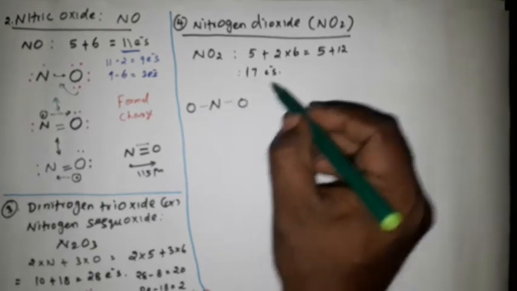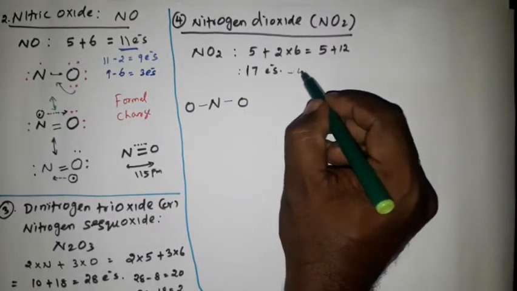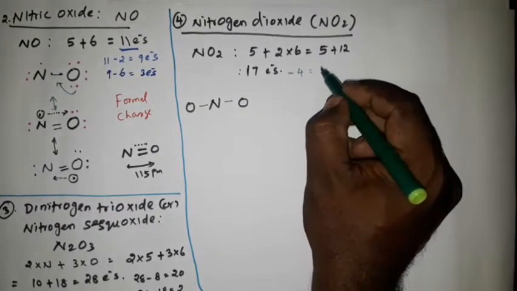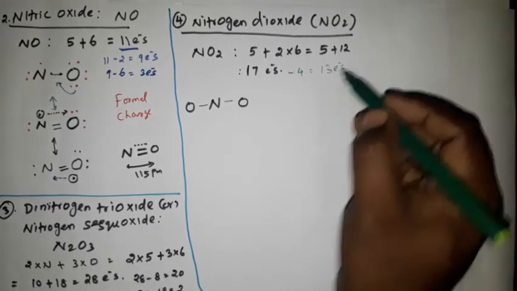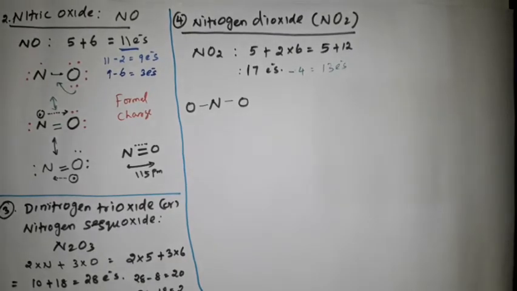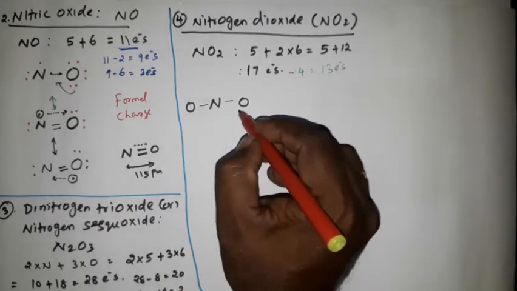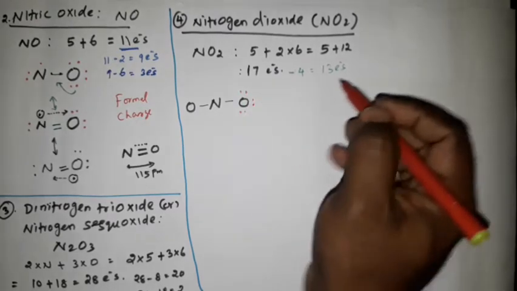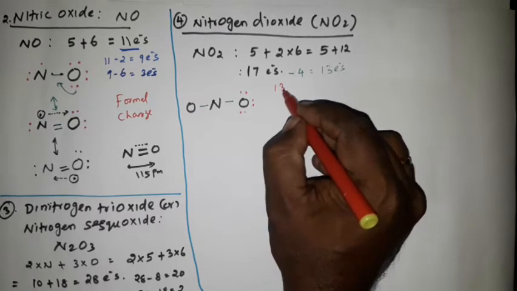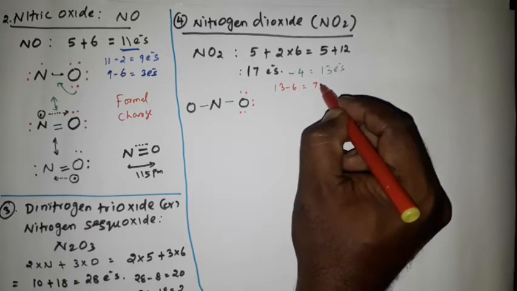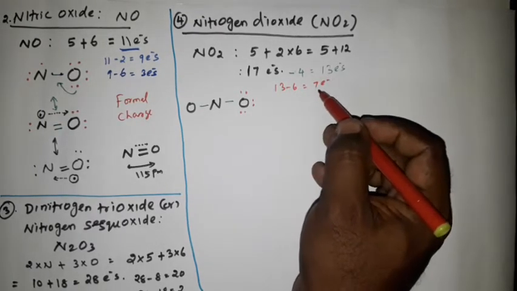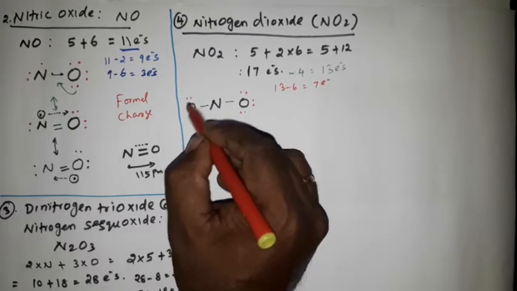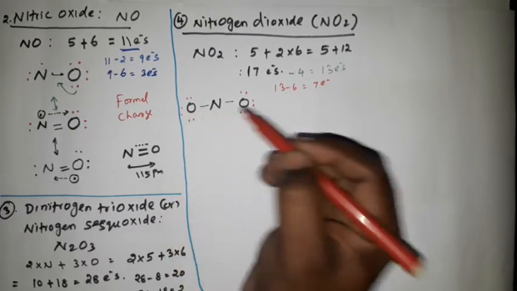Now remaining how many? 17 minus 4 equal, there is 13 electrons. Okay. So out of these 13 electrons, distribute that 13 electrons on both oxygens to get octet. Here 2, 4, 6, then 13 minus 6, remaining 7 electrons. Then here distribute 2, 4, 6.